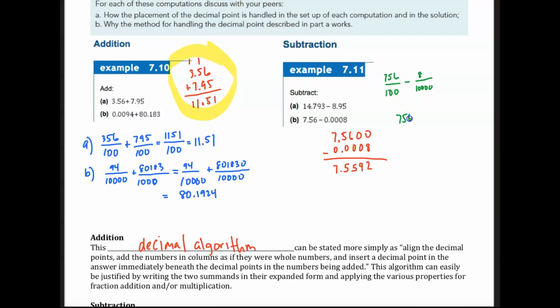And this would become 756. I need to add 2 more zeros, so there's your 10,000, minus 8 over 10,000. And so that's where you would end up with the values that we end up with. This becomes 755.92 over 10,000, which is the same answer we get here.